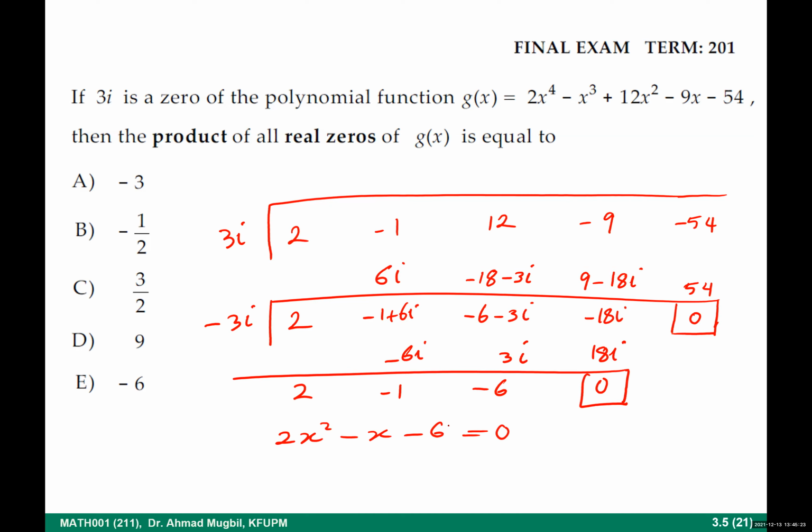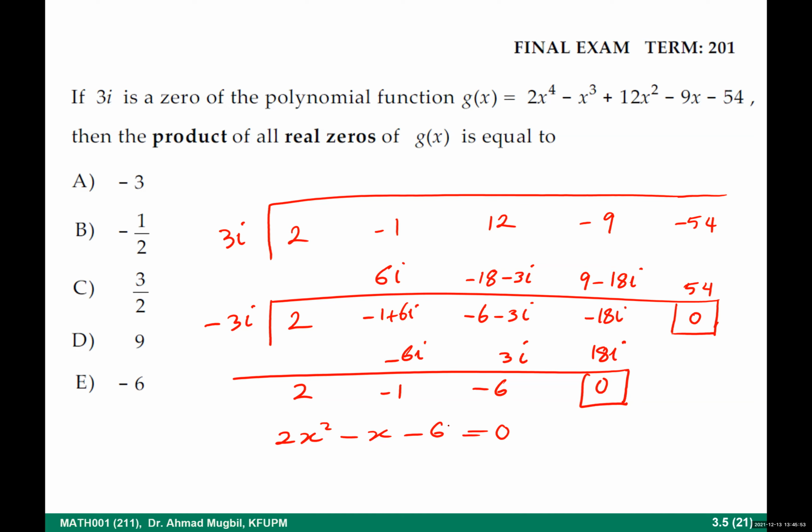Try to factor it. If you cannot factor it, you need to use the quadratic formula. Good idea. Because, be careful, it might have no real solutions. Maybe the solutions are complex. But forget about the choices. Without choices, you cannot do that, ya Muhammad. Be careful, because maybe the solutions of this also are not real.